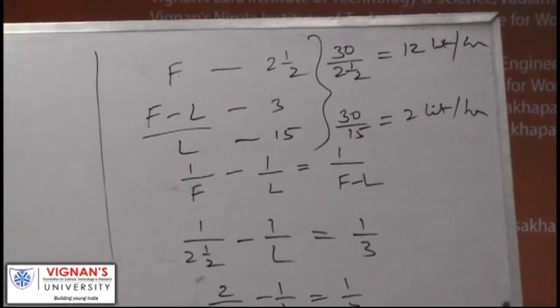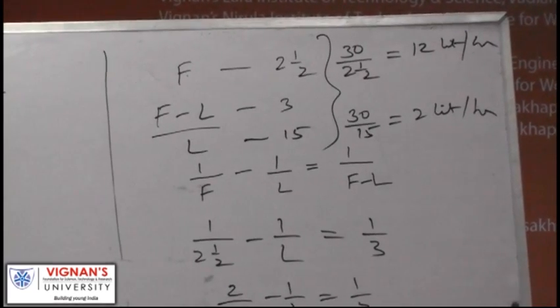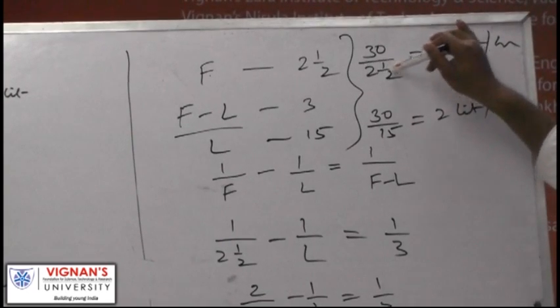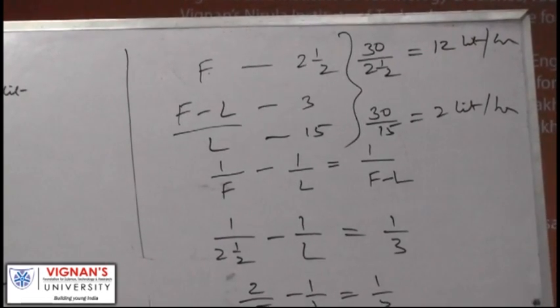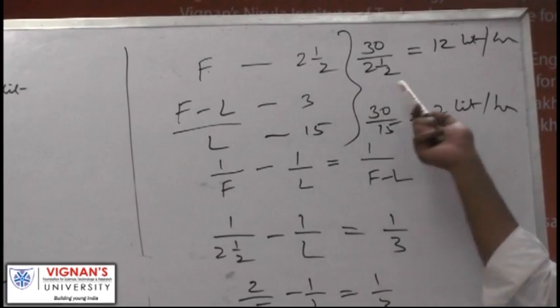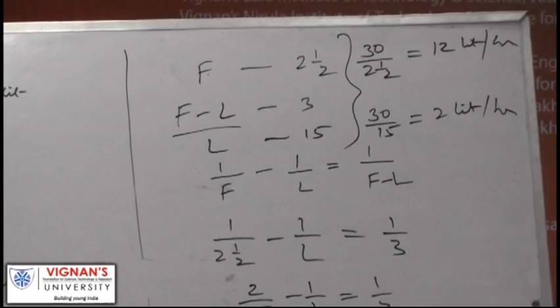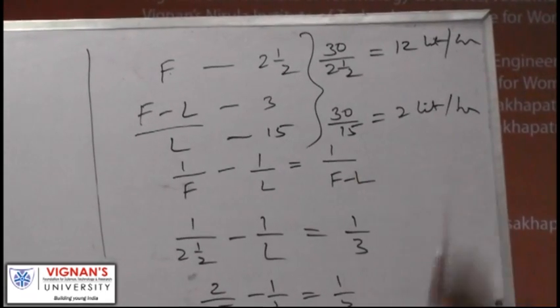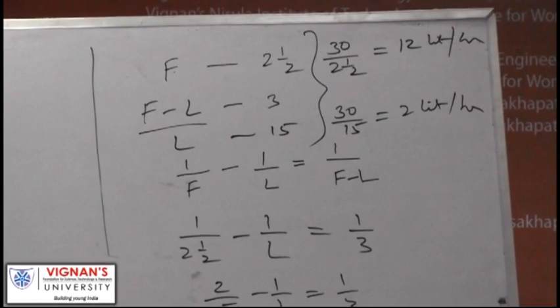So leak alone takes 15 hours to empty the tank. Now knowing this, take LCM of these 2 times, assume that as tank capacity. I am supposing 30 liters is the tank capacity. So in that case, filler can fill 12 liters per hour because it is filling in 2.5 hours, whereas leak takes 15 hours to empty 30 liters.